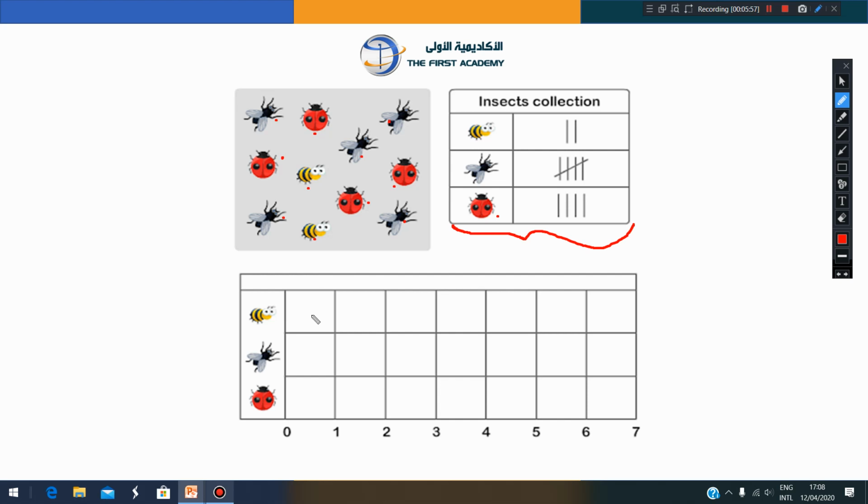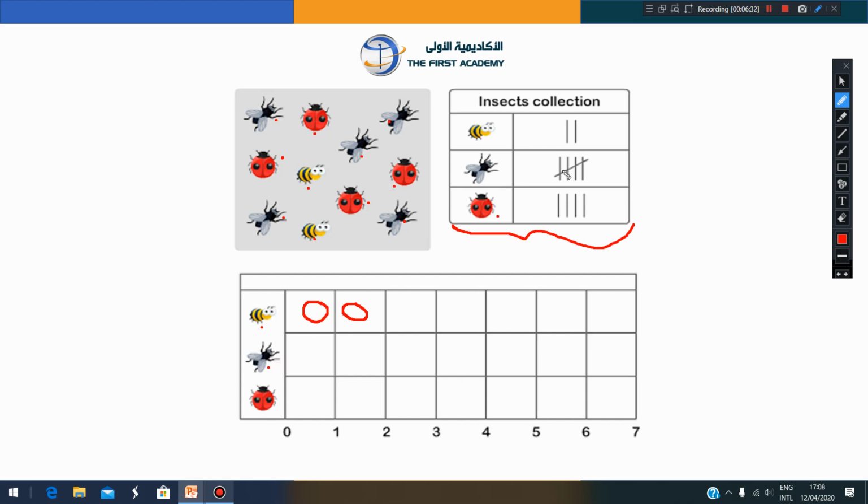Now, I'm not very good at drawing, so I'm just gonna make circles, but you can draw anything you want. So let's put all this data into the picture graph. Let's start with the bee. How many bees do I have? I have one and two. So I'm gonna draw two circles. Again, you can draw two bees or two hearts or any symbol that you want to use. These are my symbols. Then I need to use the data for the flies.